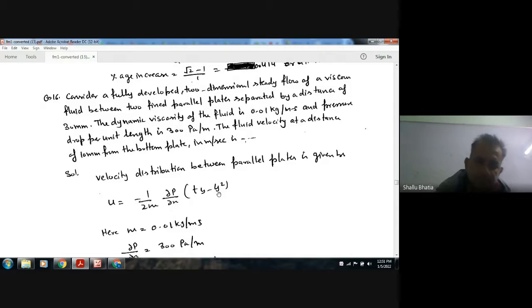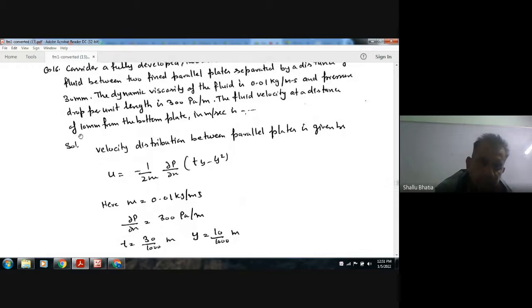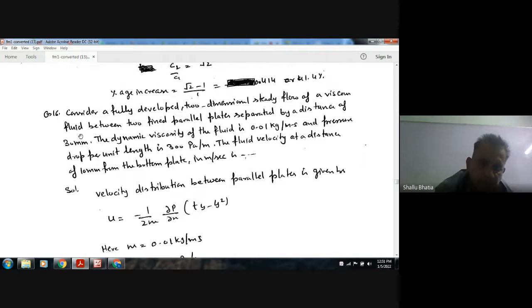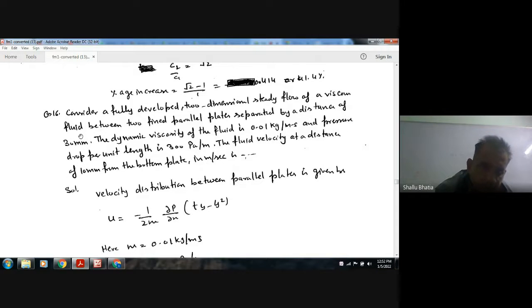Okay. So here mu is just 0.01. And dp by dx is just 300. And thickness t is 30 mm. And y is what we have to find the velocity at, so y is 10 mm.